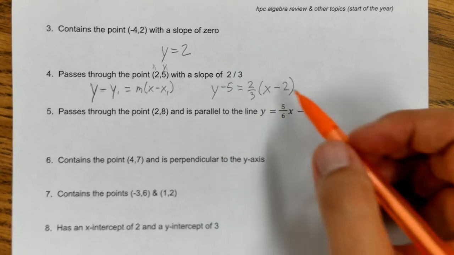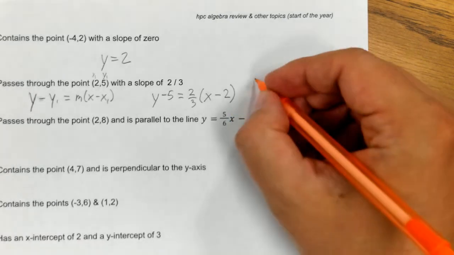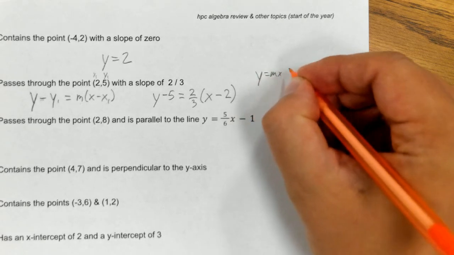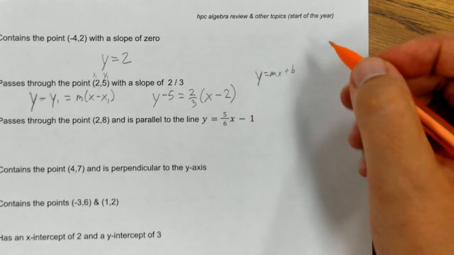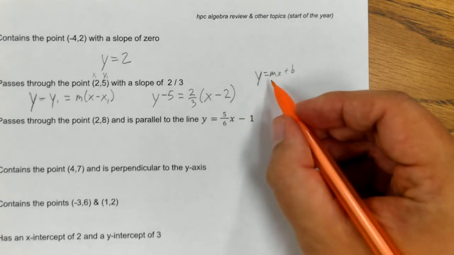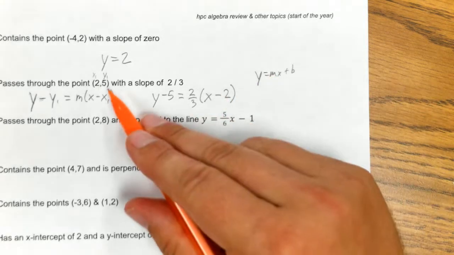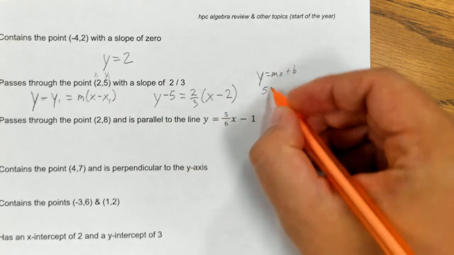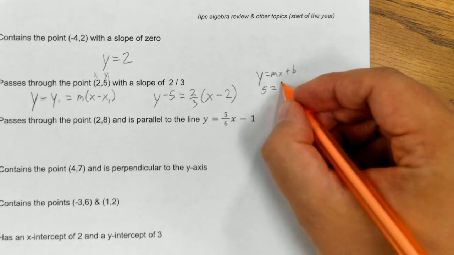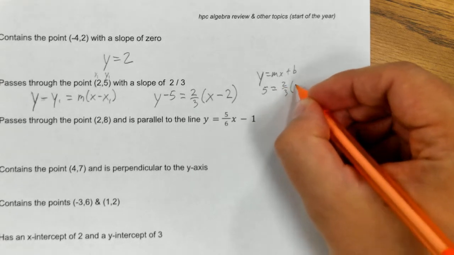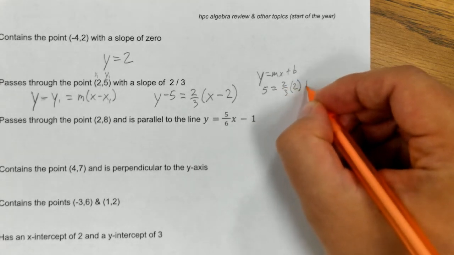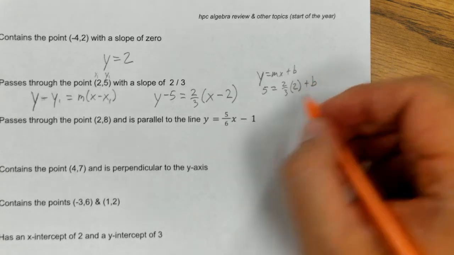Otherwise, if you wanted to write it in y equals mx plus b, what you'd have to do is, we know that the slope is 2/3, and then you substitute in those points. So I'd say 5 is my y, and that's going to equal 2/3 times 2 plus b, and now I have to solve for b.